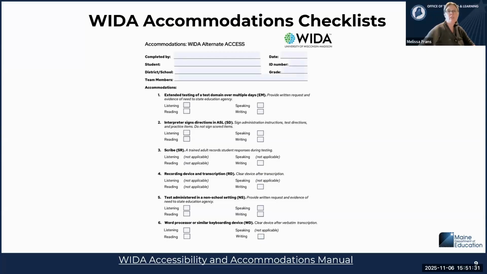So it's really important for educators working with MLs with significant cognitive disabilities, whether or not they're administering that assessment to the student, that they're familiar and have taken the training module so they can help interpret and analyze those results, how they relate to the student's IEP, and how they share those results out with families.